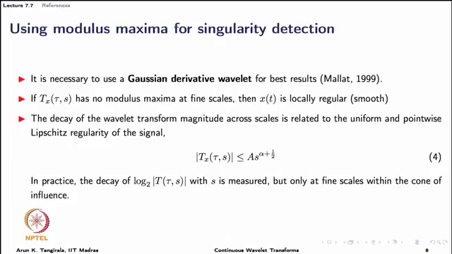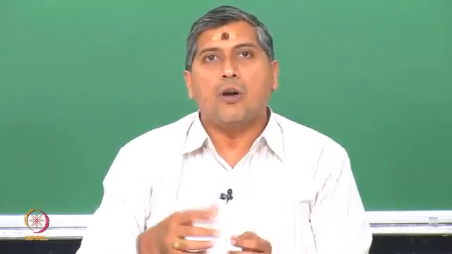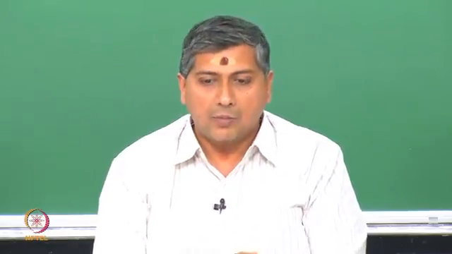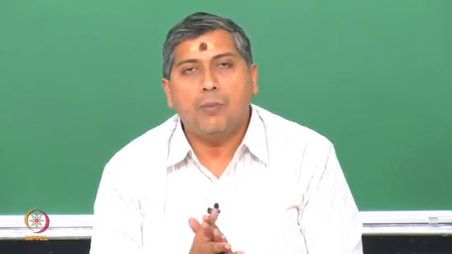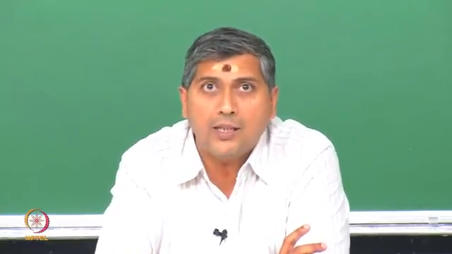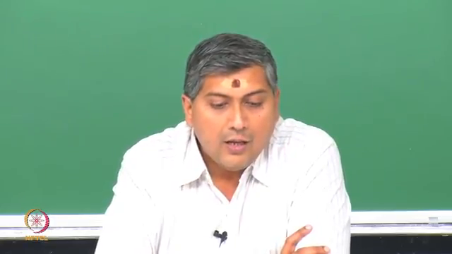Well, even if there is no singularity, you may still end up getting a modulus maxima line that will converge from coarse to fine scales, as I will show you in the example which I have borrowed from Mallat's book. To resolve that ambiguity, it is best to use a Mexican hat or a Gaussian derivative type of wavelet. You could use other wavelets, but then you may run into some ambiguities.